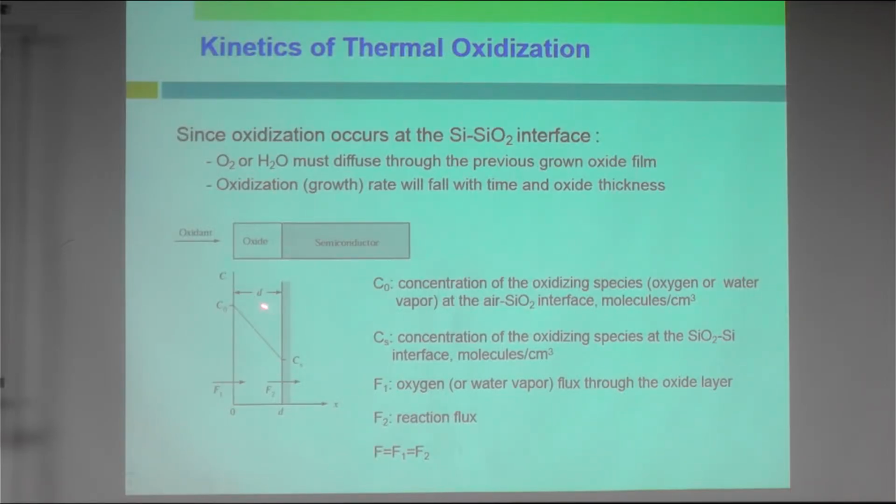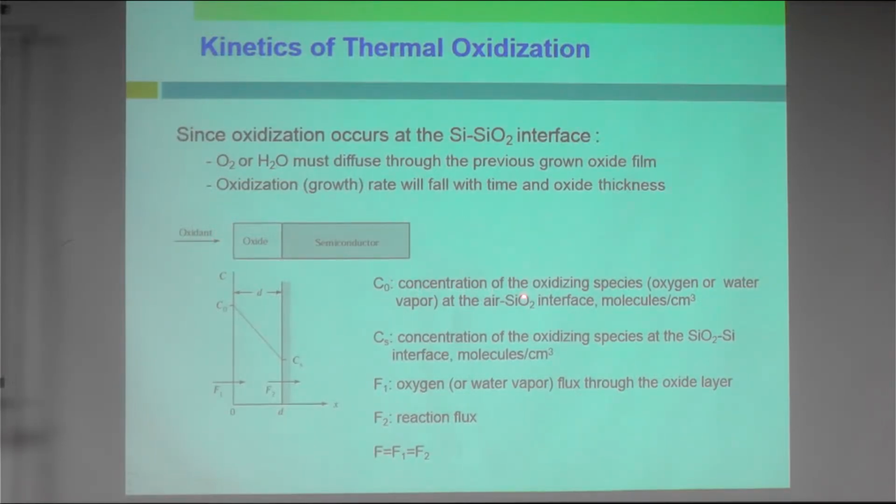It has to diffuse first through the first layer, then diffuse further in order to grow more silicon dioxide. So the oxidation or growth rate will fall with time and oxide thickness. The dynamics of the growth will be slower over time.